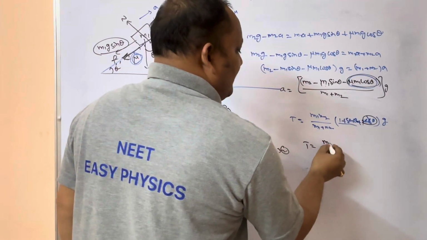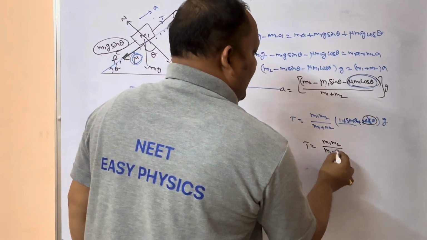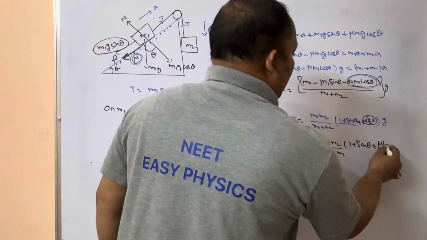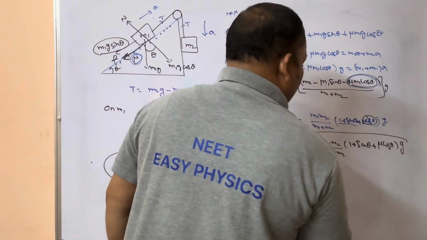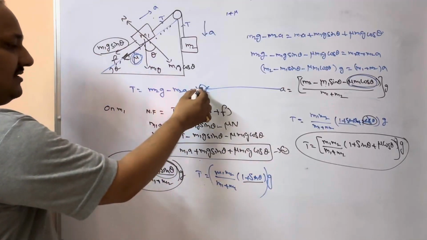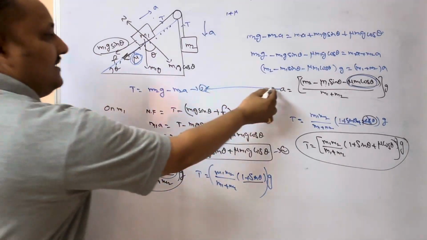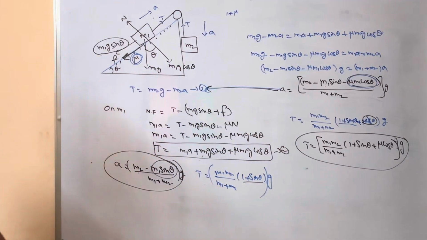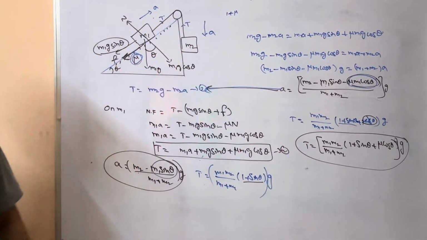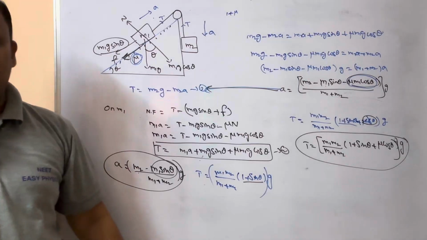Therefore, for the final tensional force, if you want to calculate, you can substitute and calculate directly. I am writing with logic. In either equation, if you substitute this a, you are going to get the same equation. So this is the tensional force whenever one plane is a frictional or rough surface.